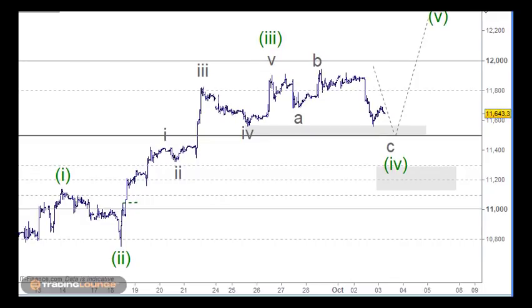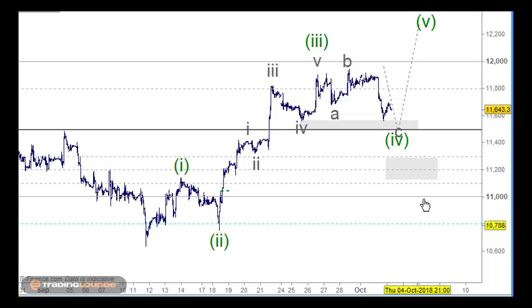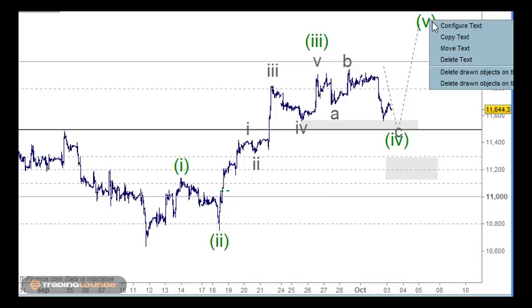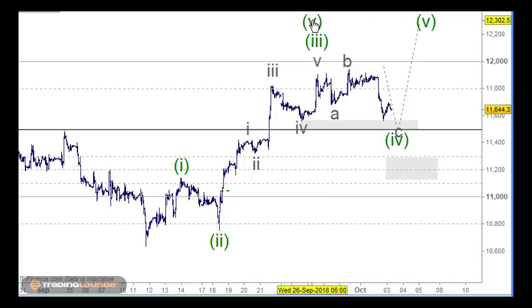Now, if the 11,500 becomes the resistance, then we're going to have to look at the 50% and 60% retracement level, and then we will have to look at the possibility of wave 5 being in high at this space here.